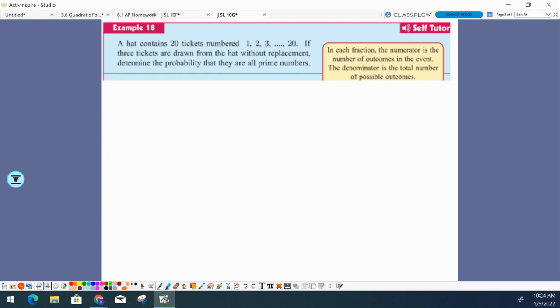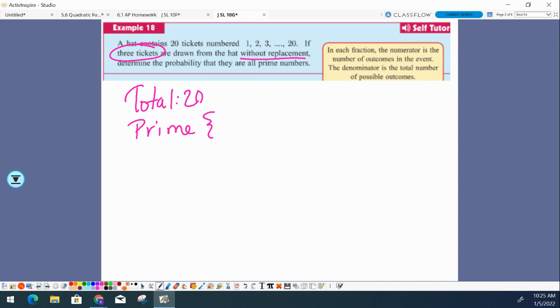All right. So now a hat contains 20 tickets. So our total, 20 tickets total. If 3 tickets are drawn without replacement, so that means dependent, determine the probability that they are all prime. First we have to figure out of the first 20 numbers, what is a prime number?